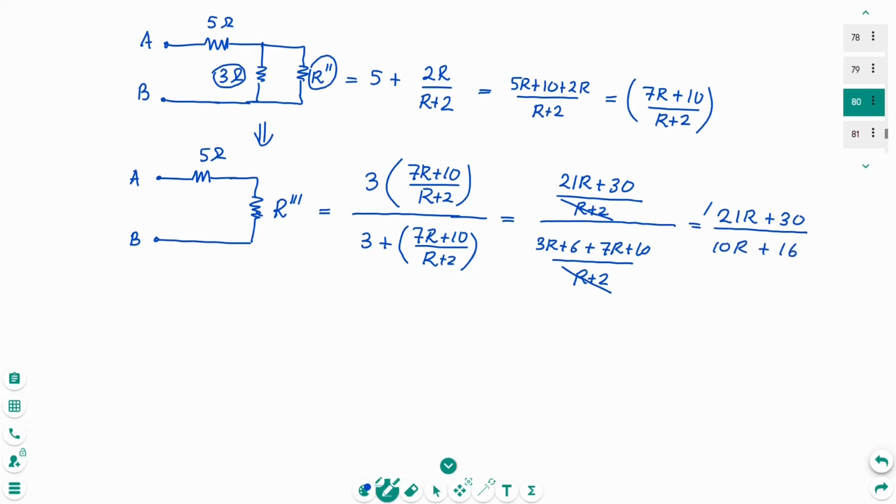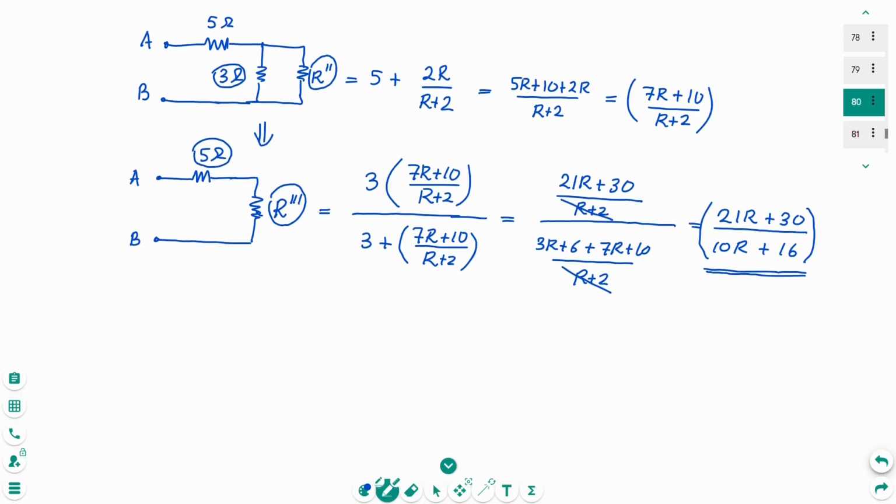Okay, so that's going to be the equivalent resistance of 3 ohms and R double prime ohm that are in parallel with one another. And so this value is the R triple prime resistance. Now, R triple prime resistance is in series with the 5 ohm resistor.